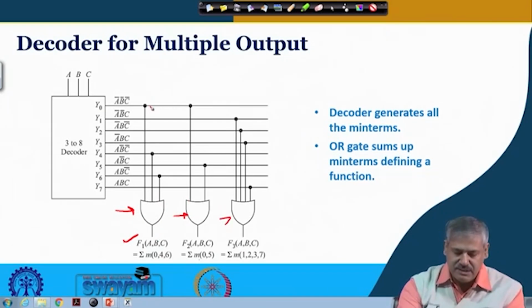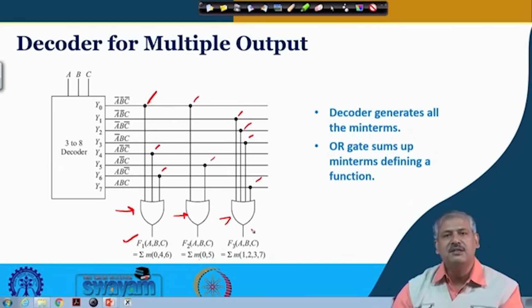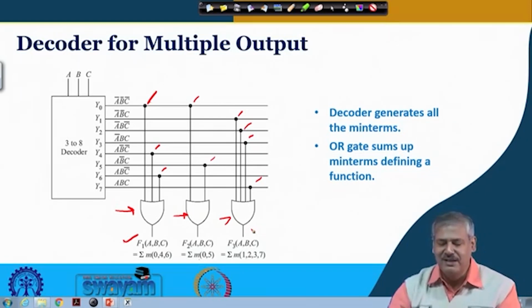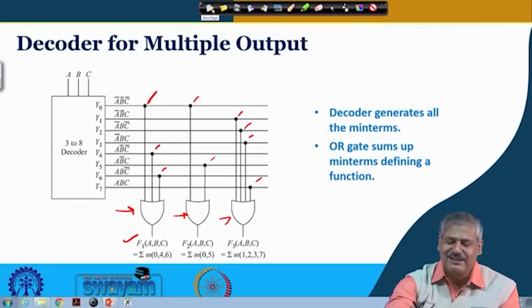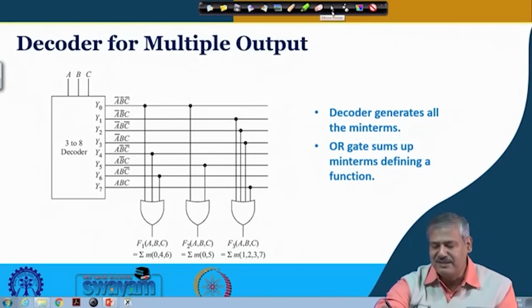So 0, 4, 6 is Y0, Y4 and Y6. Similarly 1, 2, 3, 7 is Y1, Y2, Y3 and Y7, and 0, 5 is Y0 and Y5. We just sum them up with a multi-input OR gate, and the job is done. So this is another usefulness of the decoder or demultiplexer circuit.